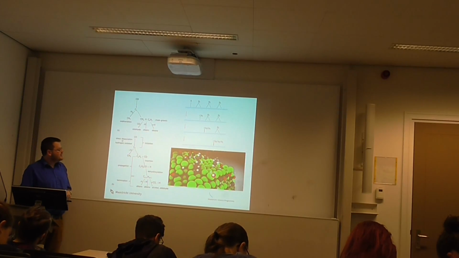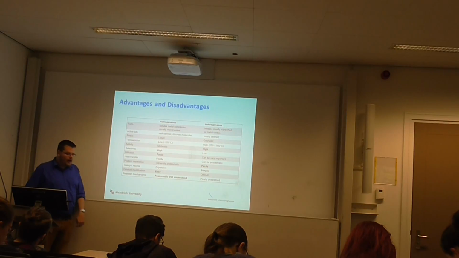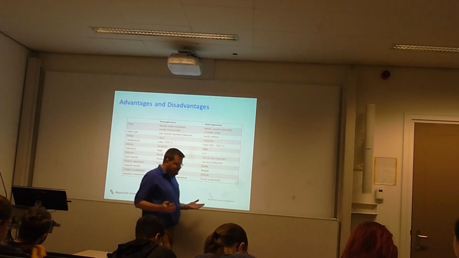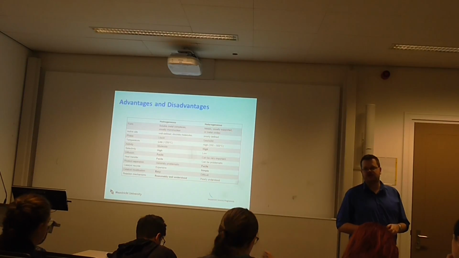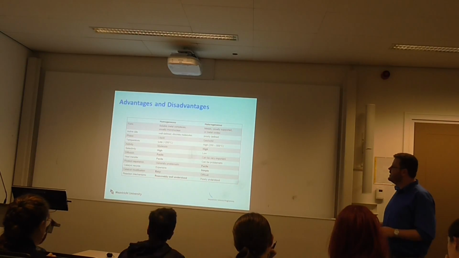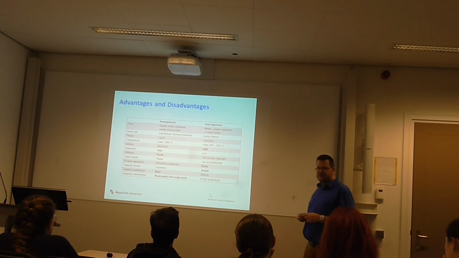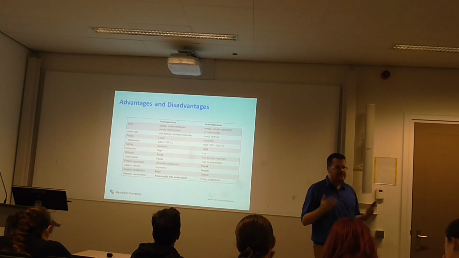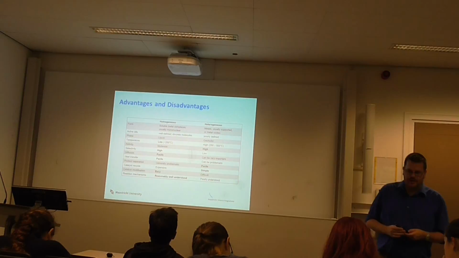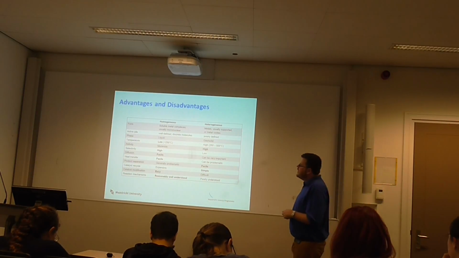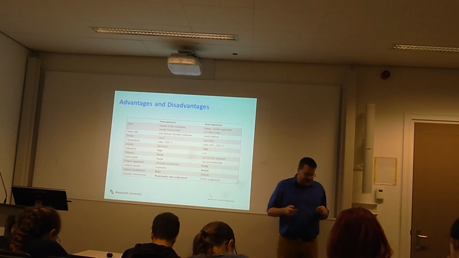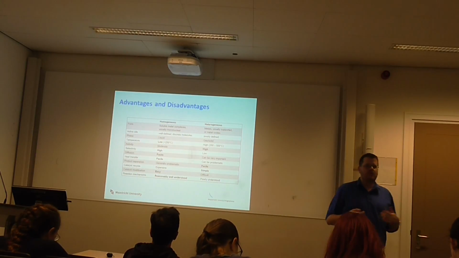That is important in heterogeneous catalysis. Now, let's look at the differences, advantages and disadvantages between homogeneous and heterogeneous catalysis. We've been discussing some examples of heterogeneously catalyzed processes. There are many. We've looked at Haber-Bosch, Fischer-Tropsch and hydrogenation. Heterogeneous catalysts tend to be a lot more robust.